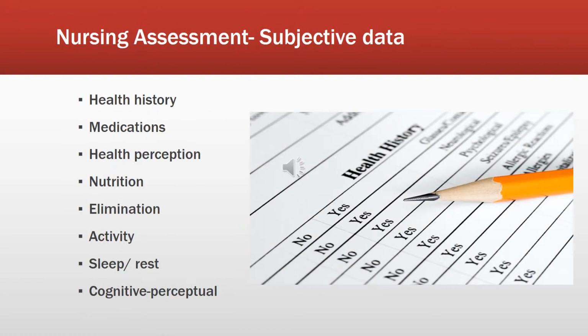So in our nursing assessments, we need to start with our subjective data from the patient. Starts with the health history. So we need to know, do they have any coronary artery disease, any recent MIs, hypertension, any valvular or congenital heart diseases.